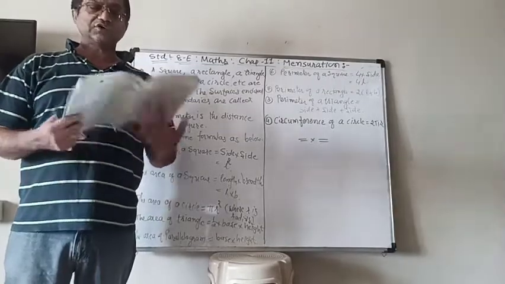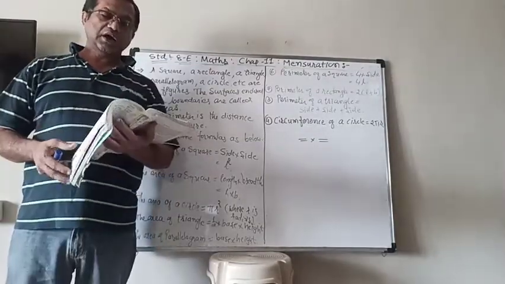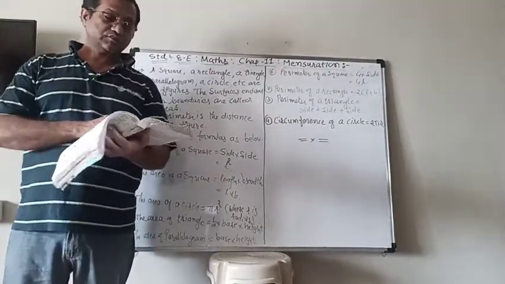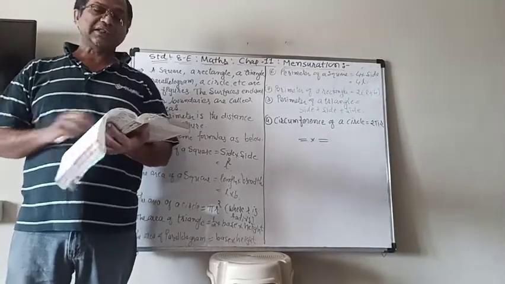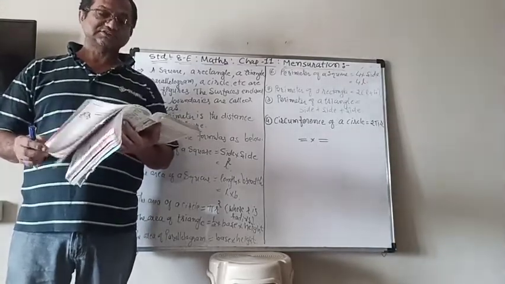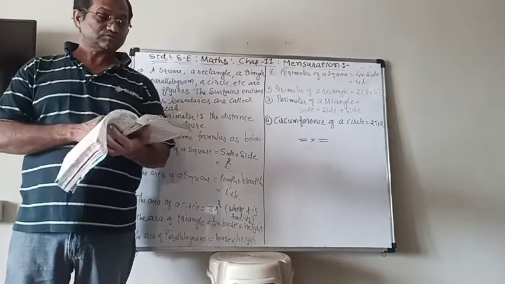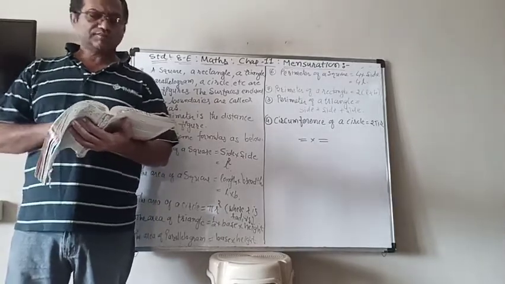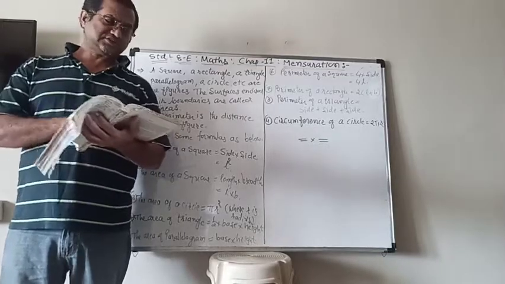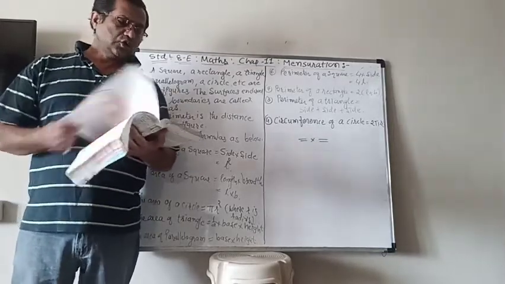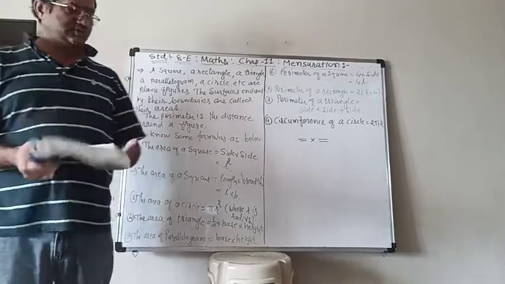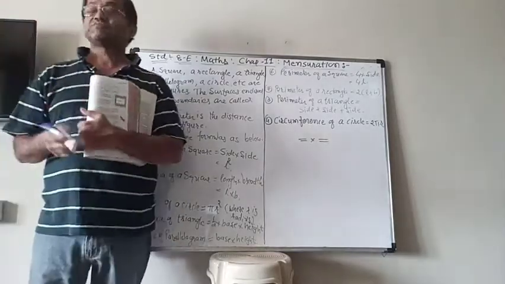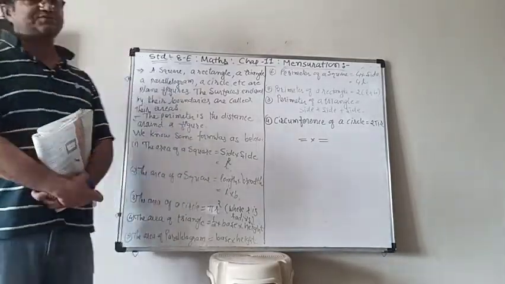Today we are going to start a new chapter, chapter number 11, that is mensuration. Now in the previous standards you already learned about the 2D shapes and the 3D shapes.